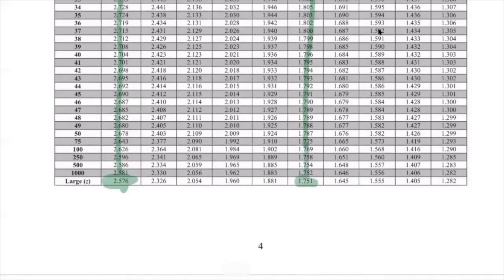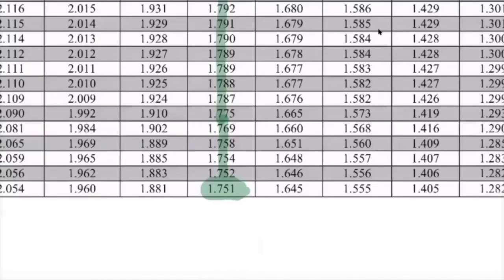And I think it says 1.751 down there. I'm trying to erase this other thing, but it won't, so I don't know what that's all about. That's fine. You should see a 1.751 there.